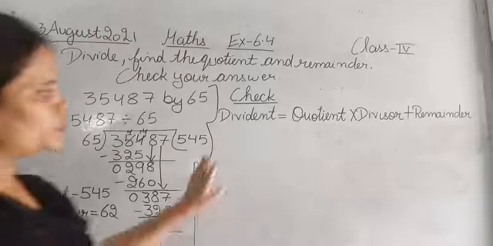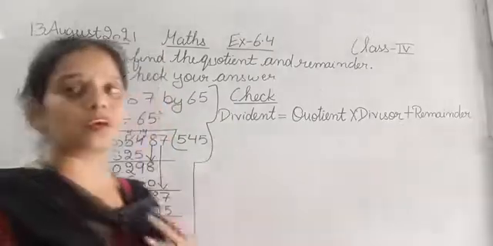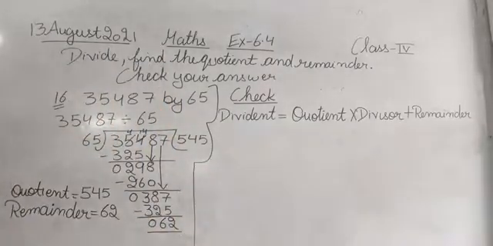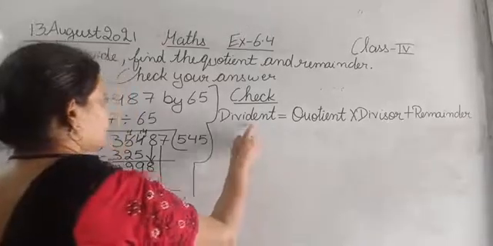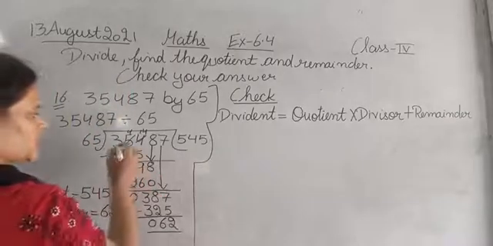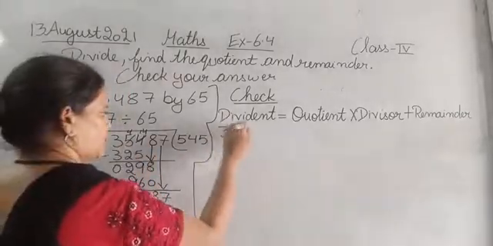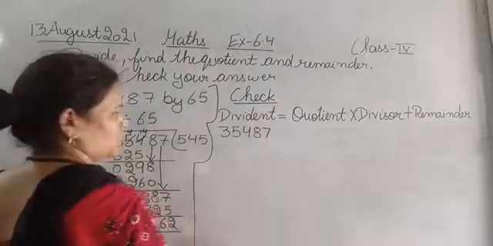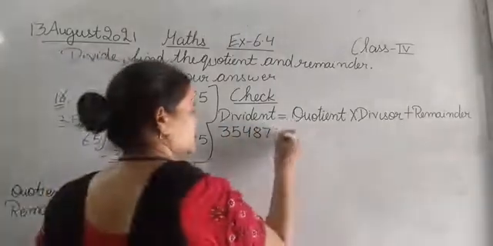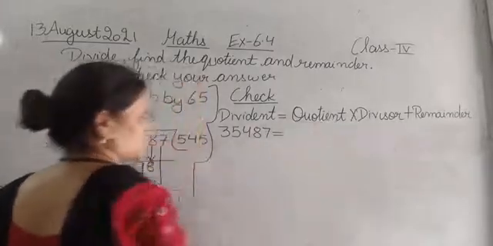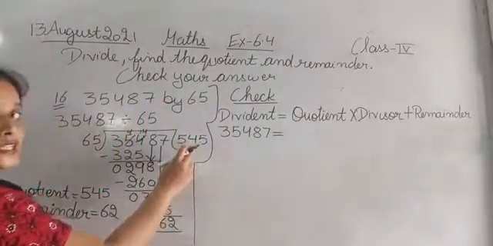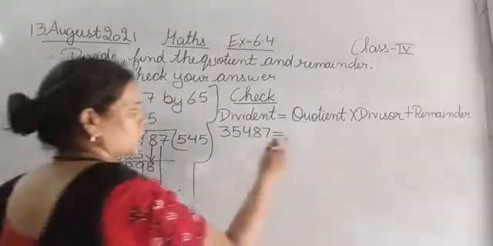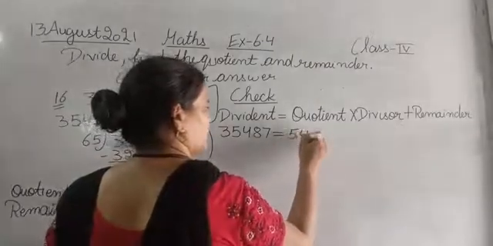Now we have to apply the values of the given numbers. We will just simply put the values of the given terms. So what is the dividend? Dividend is 35,487. That is equal to, will be as it is, quotient. What is the quotient? The quotient is 545.